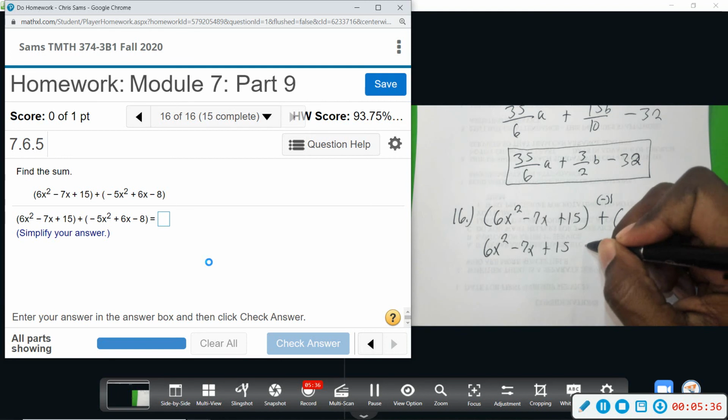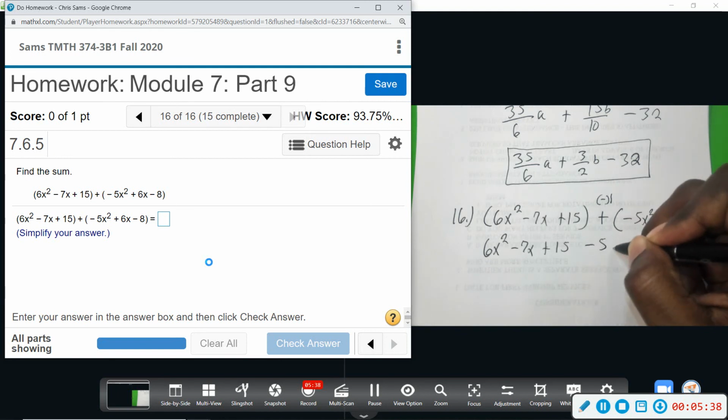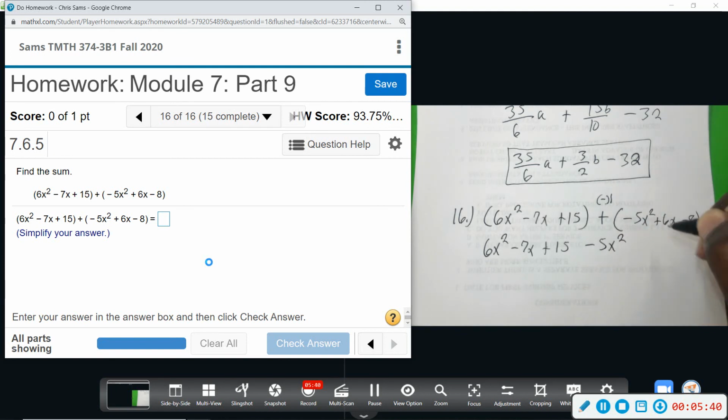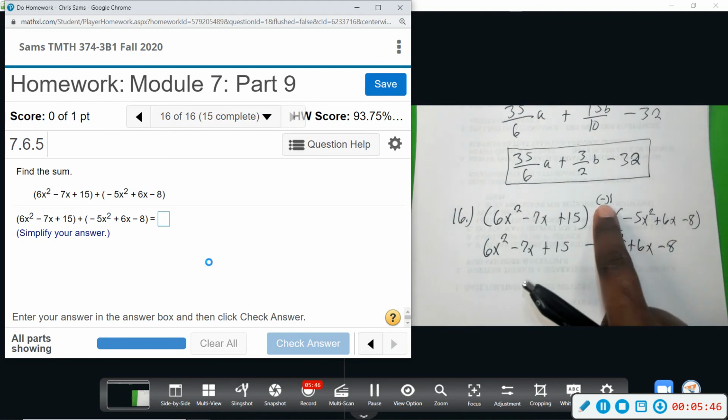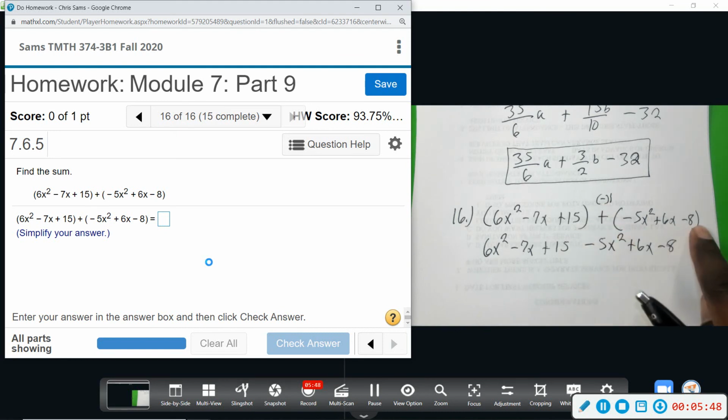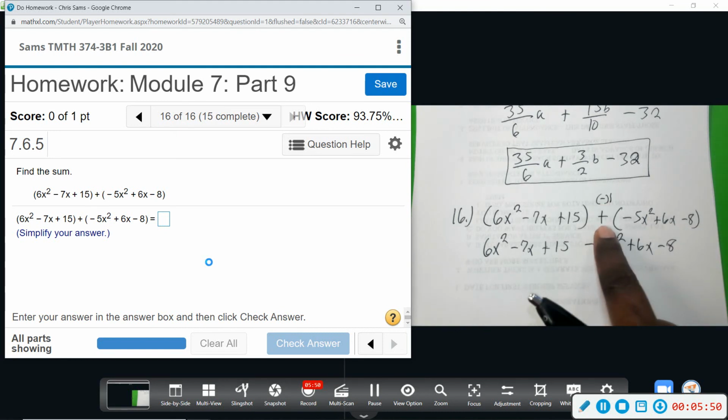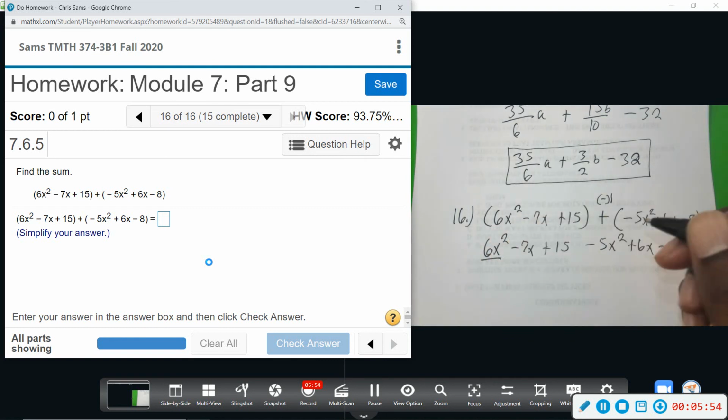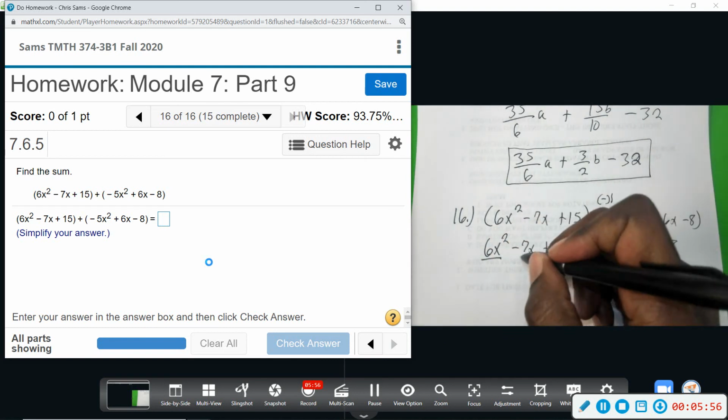And I'm going to say minus 5x squared plus 6x minus 8. So again, if it had been a minus, you would have to change signs. Since it's not and it's a plus, then we just leave everything the same. All right, then I will combine like terms. I'm just going to underline them this time.